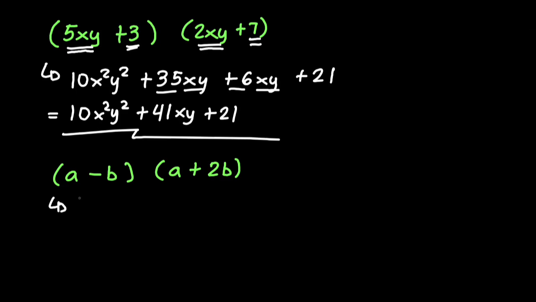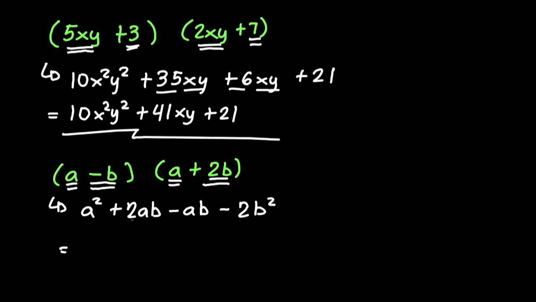For this, a minus b multiplied by a plus 2b. First, multiply a by a, which is a squared, and multiply a by 2b, which is 2ab. Now, multiply negative b by a, which would be negative ab, and multiply negative b by positive 2b, which should be negative 2b squared.